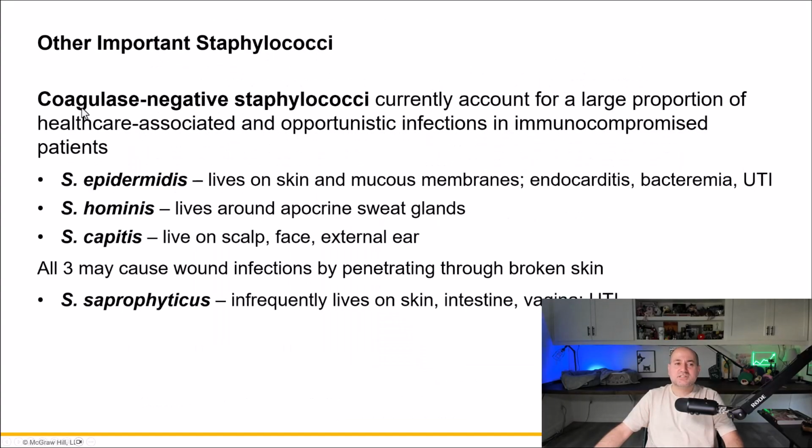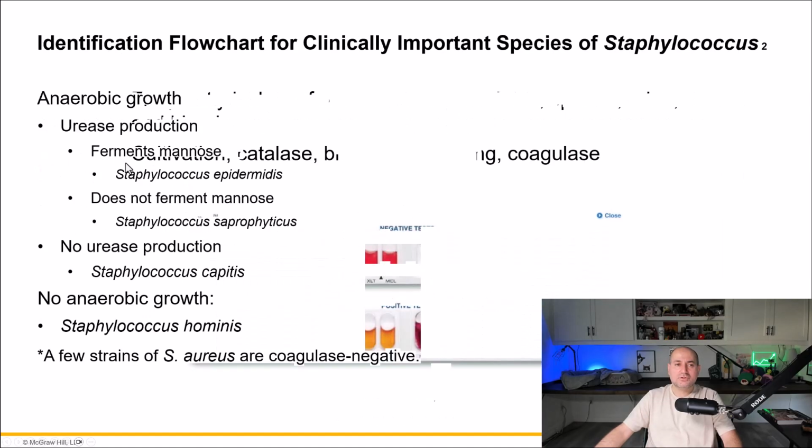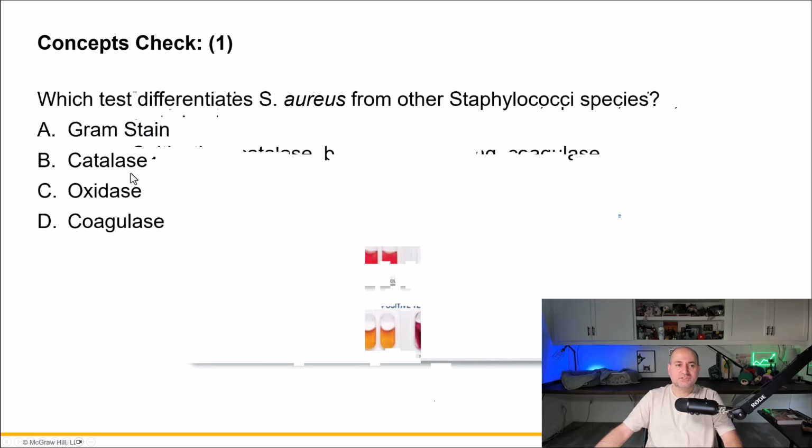I should have mentioned this, but Staph aureus is coagulase positive, which means it produces the enzyme coagulase, which causes rabbit plasma to coagulate, whereas the rest of these staph species are coagulase negative. Does that make sense? So I'm sorry, I should have mentioned that earlier.